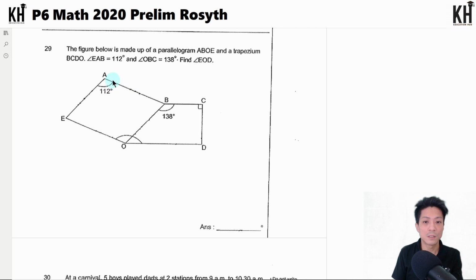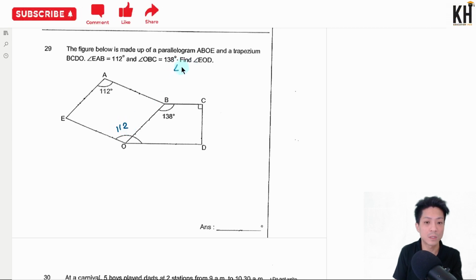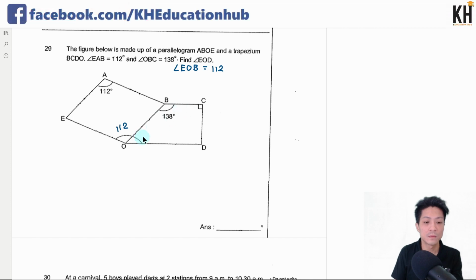Okay, since ABOE is a parallelogram, I know that this angle here is 112. Angle EOB is equal to 112. And I can also find angle BOD.